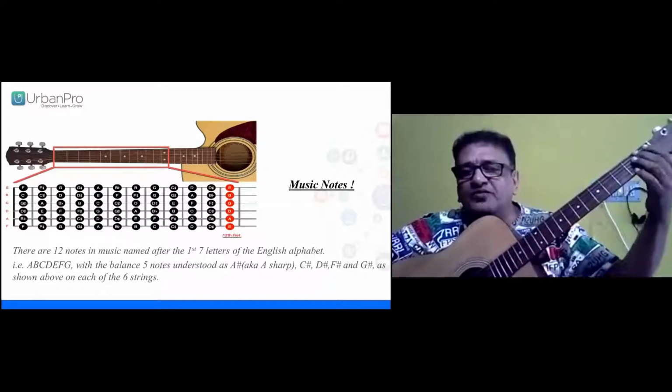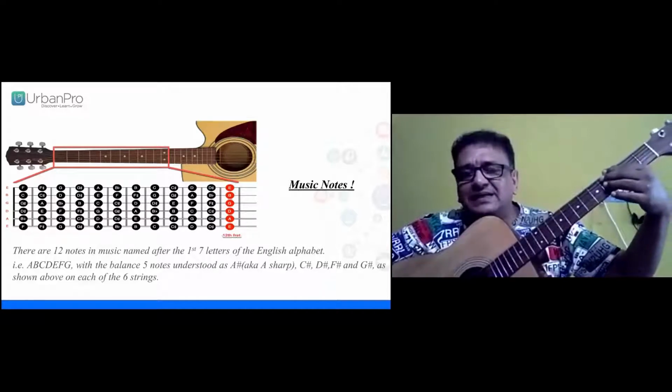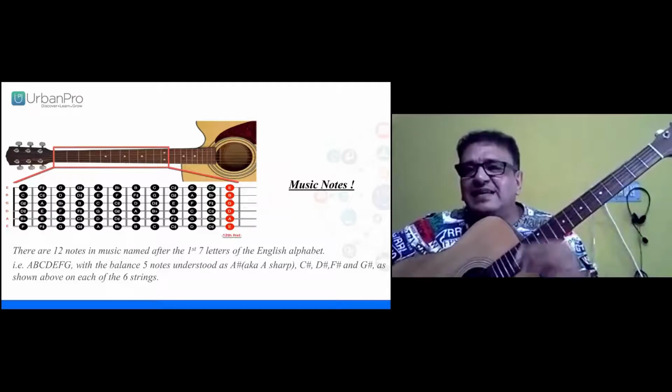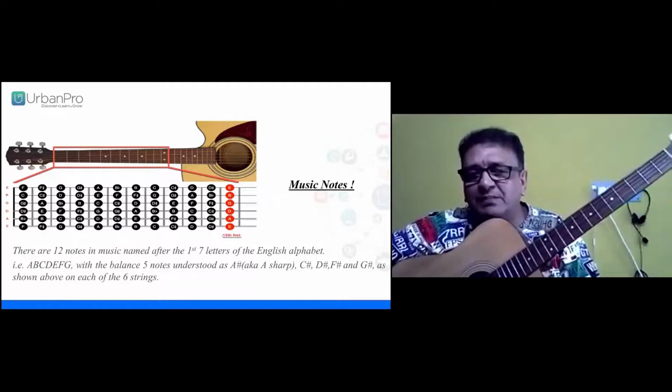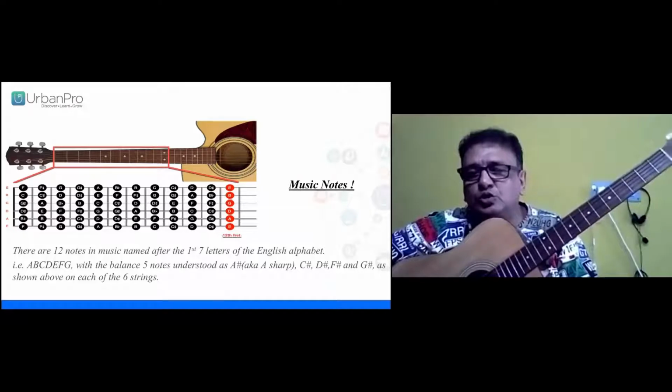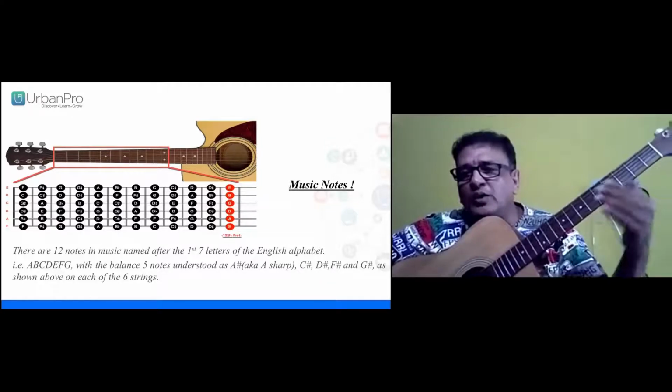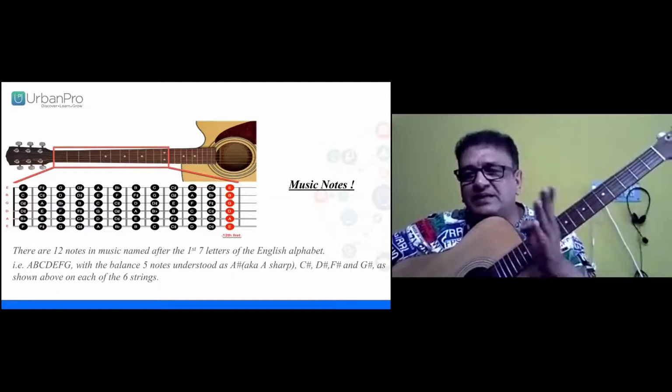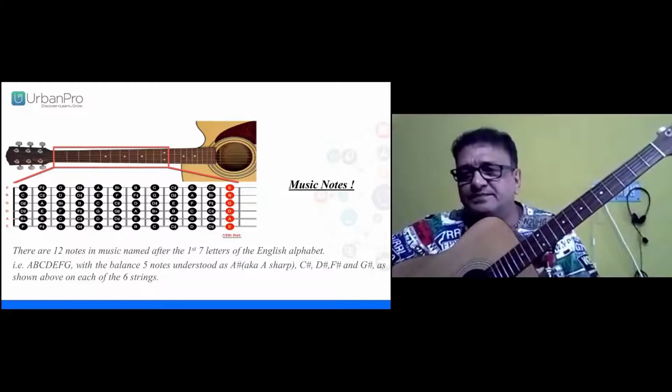So the order of the A, B, C, D, E, F, G needs to be particularly remembered. That way, you would get to know the order of the notes on all the six strings. Let me repeat. The order always goes in the A, B, C, D, E, F, G order.